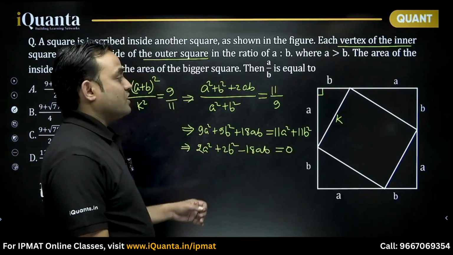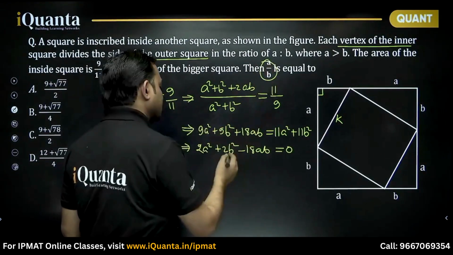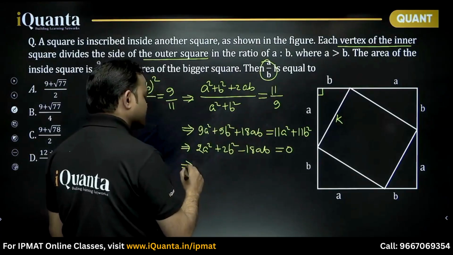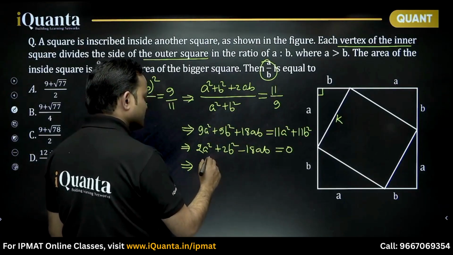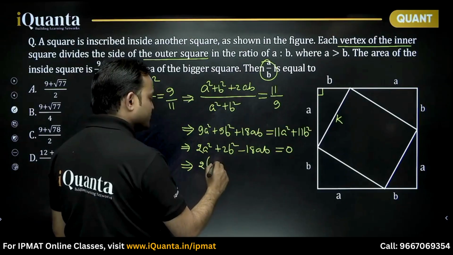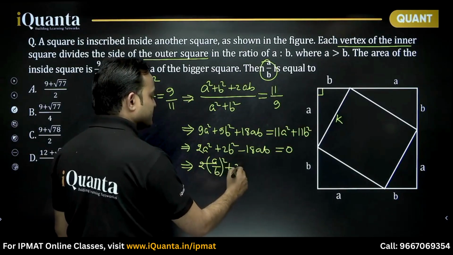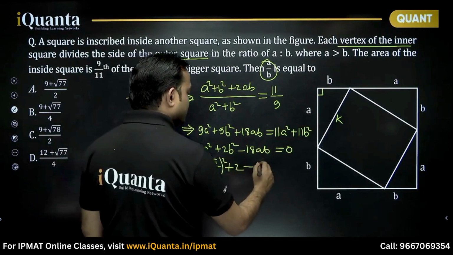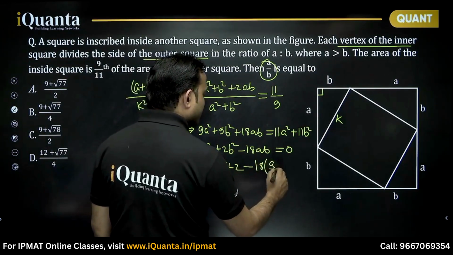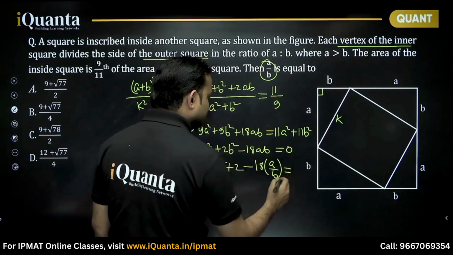Now, what do we want? We want a by b. So let's divide this whole expression by b square. We get 2a square upon b square, which makes it 2 times (a by b) whole square, plus 2 minus 18 times a upon b is equal to 0.